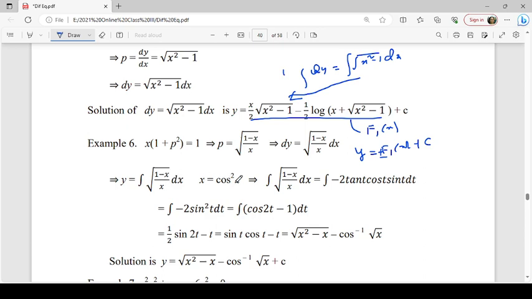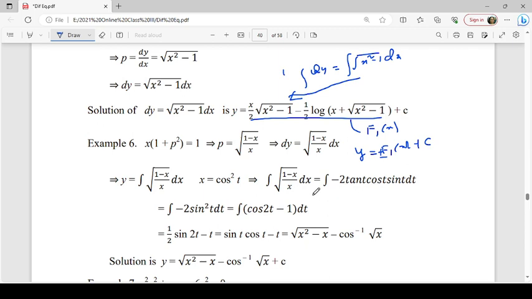We substitute x = cos² t, then this becomes sin t, this becomes cos t, and dx is 2 cos t sin t dt with a minus sign. So this is cos t in the denominator and sin t in the numerator, then 2 sin t cos t, so it is tan t.